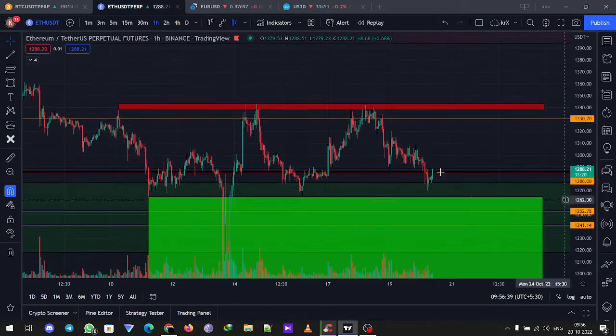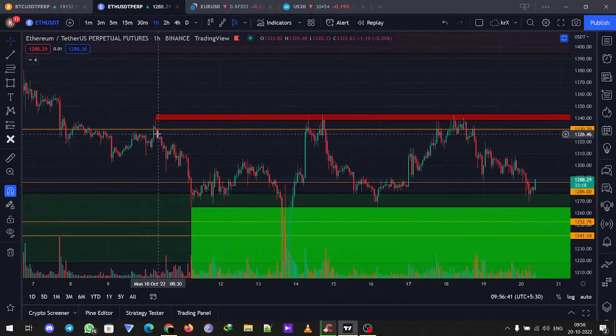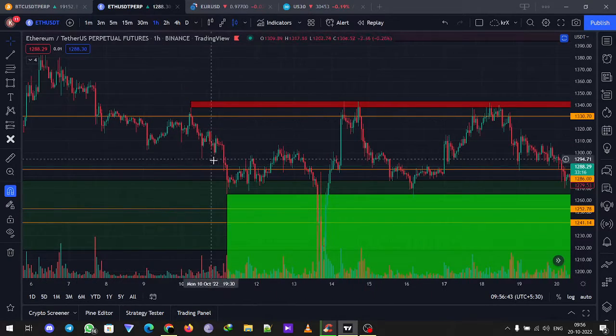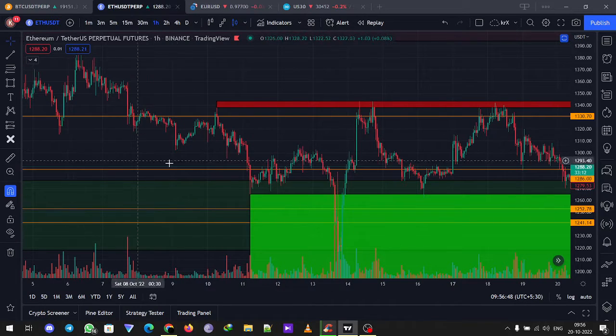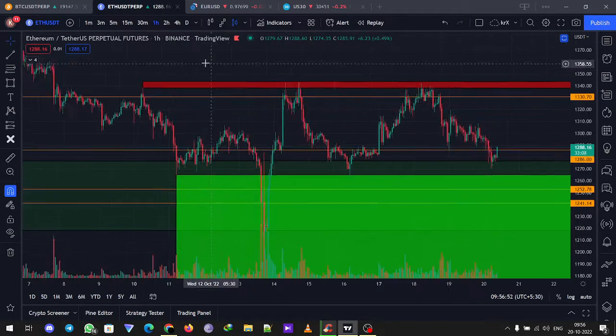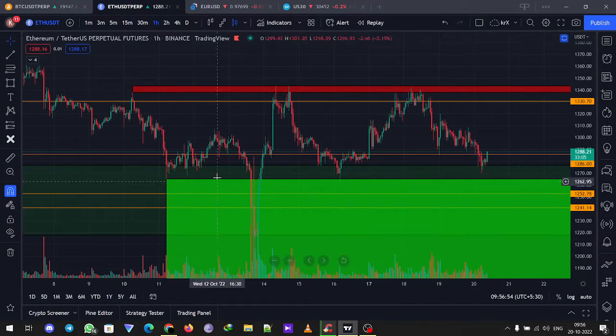Now when the market was moving in this downward move or trend, if we see in the lower time frames, this was our liquidity.